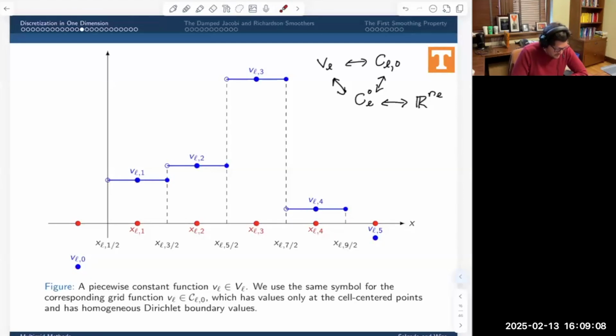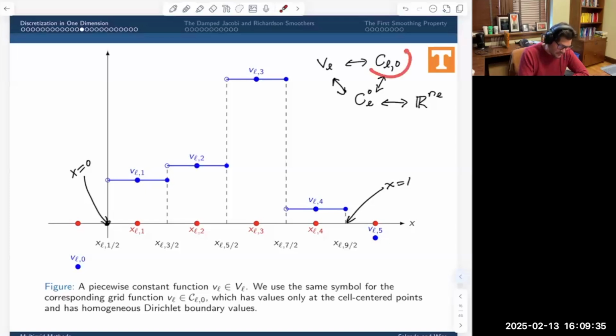Remember, the ghost cells are to the left of 0 and to the right of 1. So this point here is precisely x equals 0, even though it's not written there. And this point here is exactly x equals 1 in our terminology.